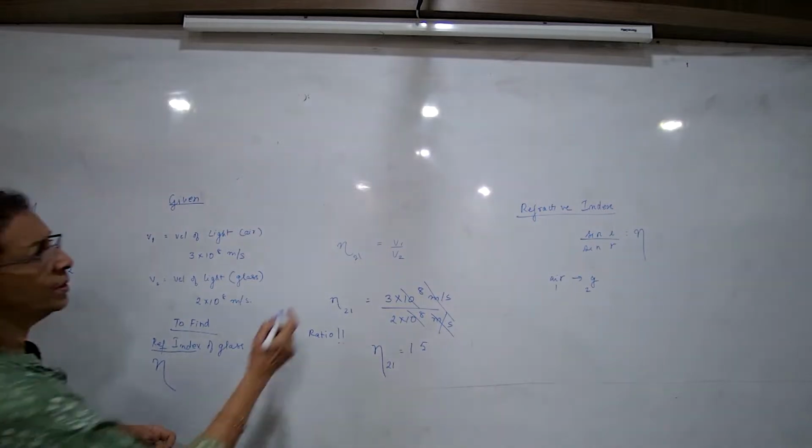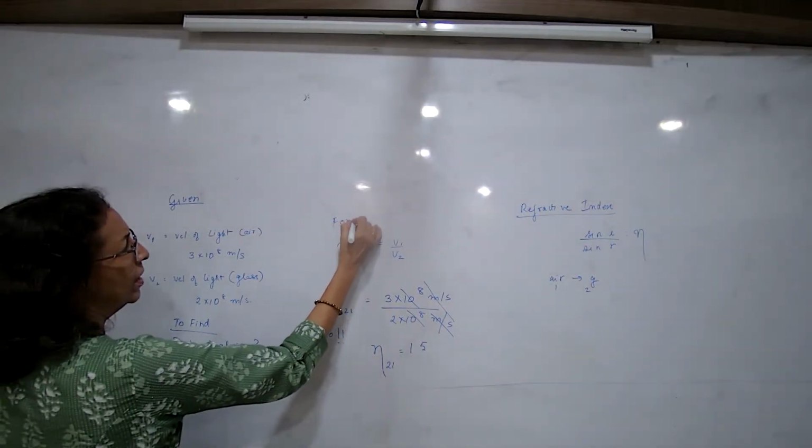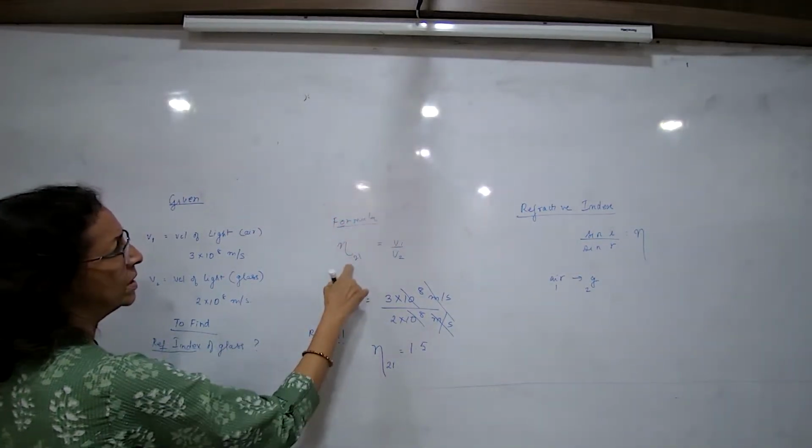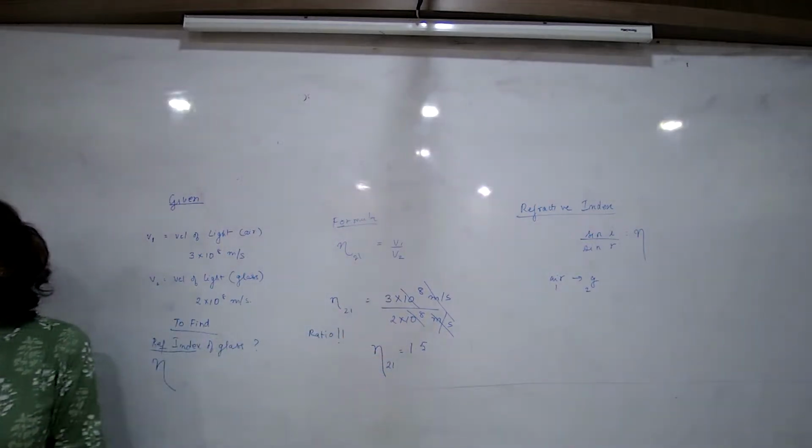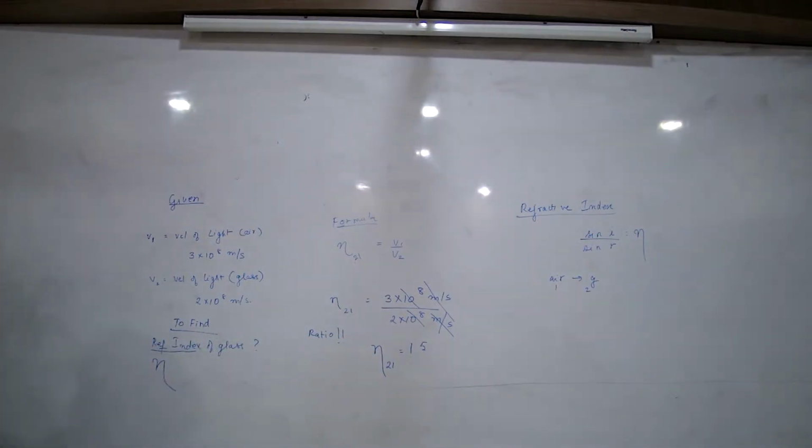Next, you will write down the formula. Write down this. Show your calculation. Remember, refractive index has no units because it's a ratio.